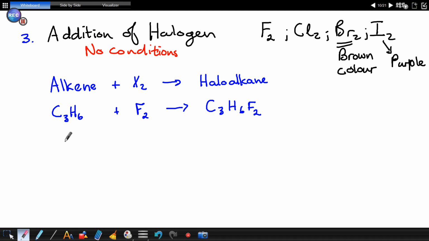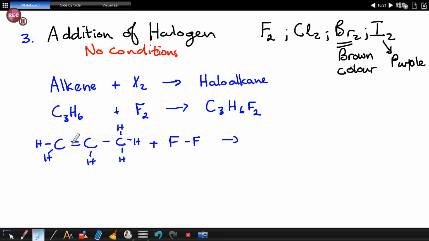Okay, let's see. Let's use this. So if this double bond breaks, then this carbon will have space for another atom and that carbon will have space for another atom.